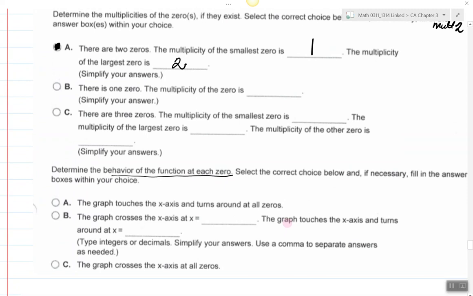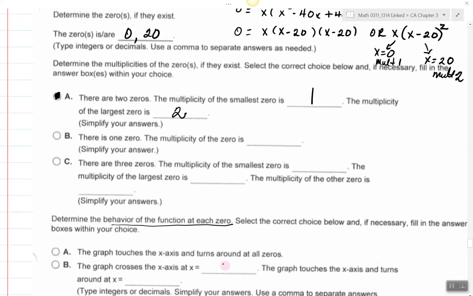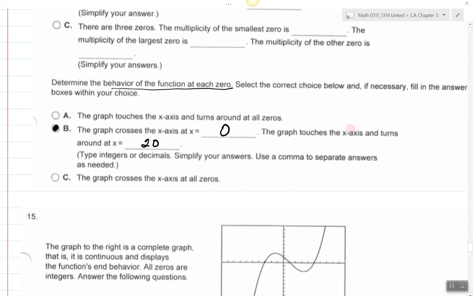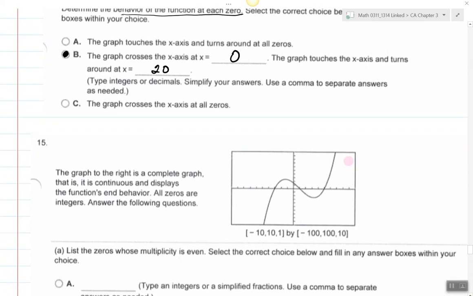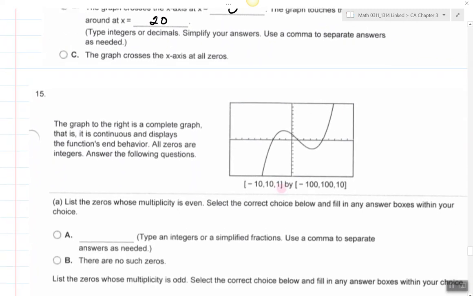So since 0 had a multiplicity of 1, it crosses there, and it touches and turns around at 20. That was choice B. I'm sorry about thinking they were going to ask me about end behaviors when they were not.